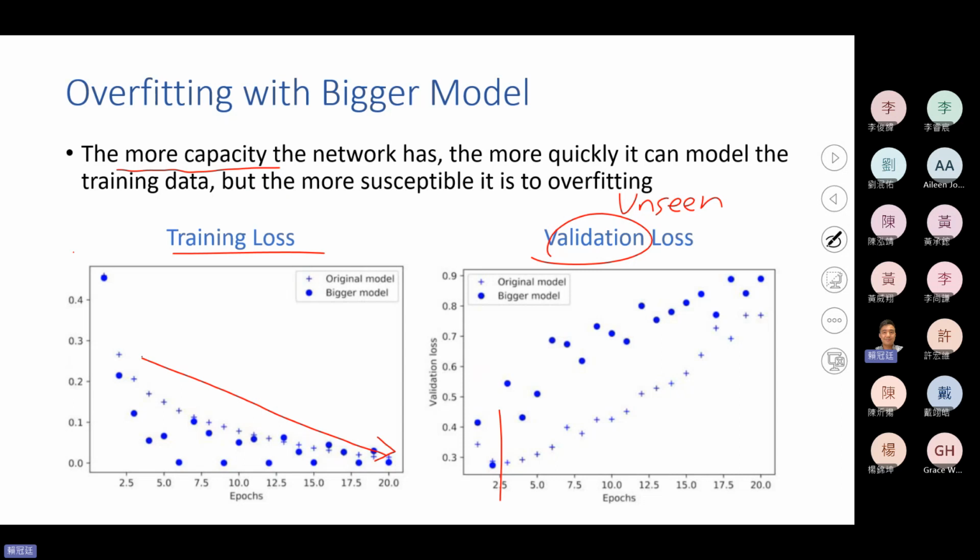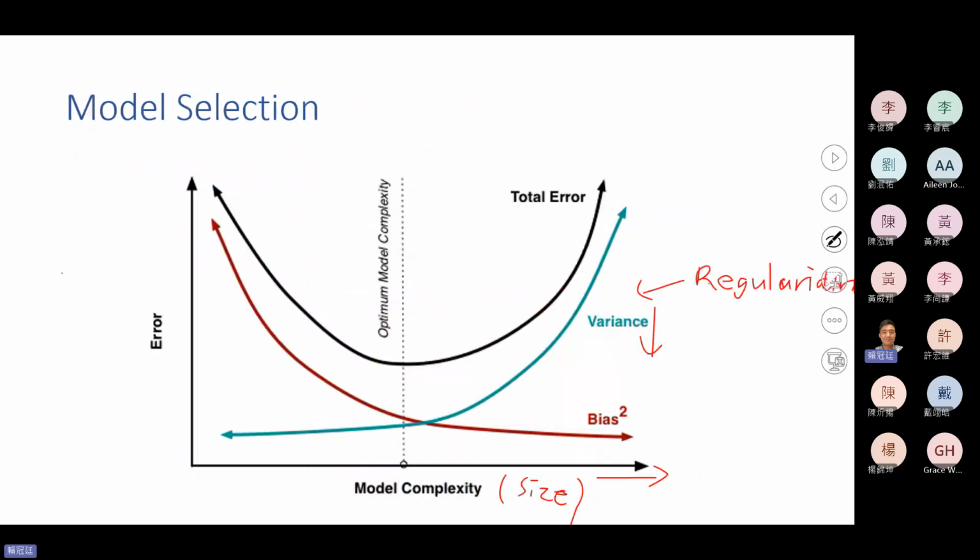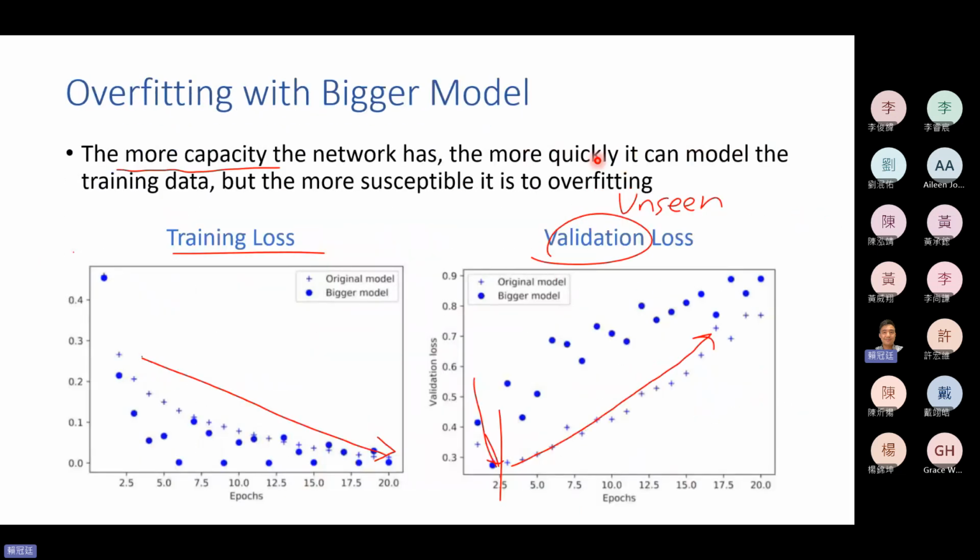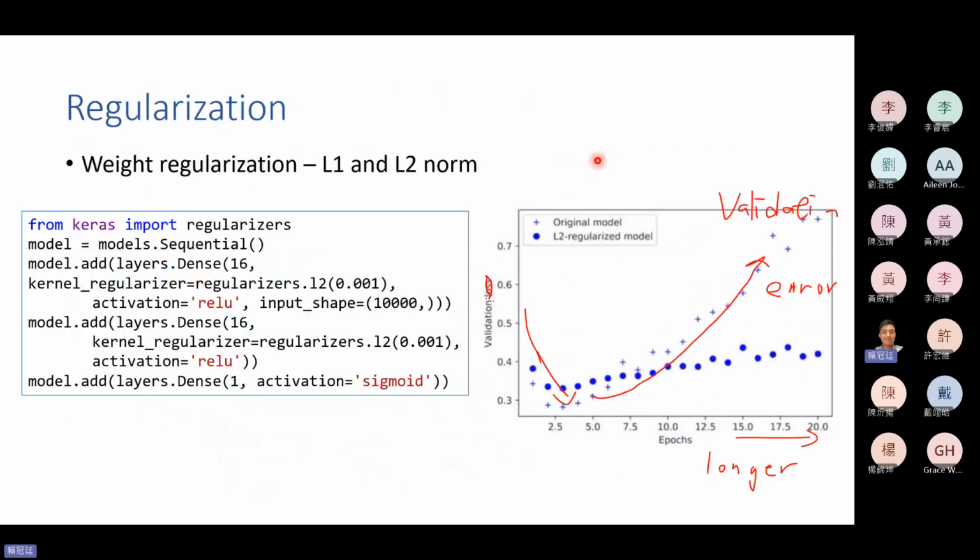It will go down first, and then the error will go up. Just like the picture we have seen before, right? Just like this one. So the total error increases. When you train longer, your validation error increases. Then that's overfitting. You overfit the training data.